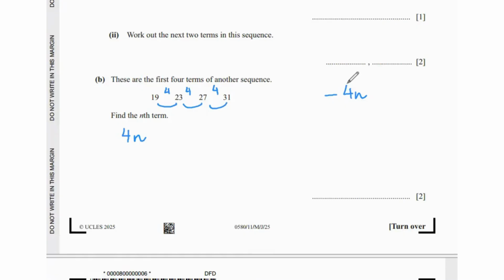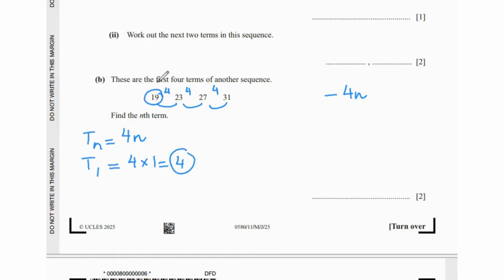And if the sequence is decreasing in size, then that common number is being multiplied to n, but we write a negative sign with it as well. Right now, our nth term is 4n. Let's see if we can get the same sequence with 4n. T1 is going to give us 4 times 1, which is 4. Now, this is obviously not the same as the first term.